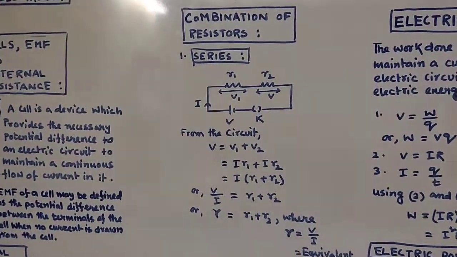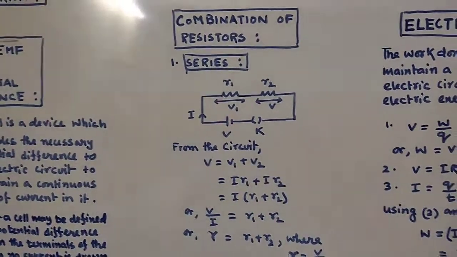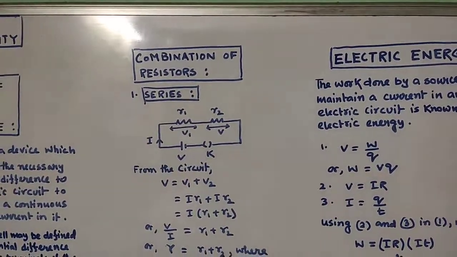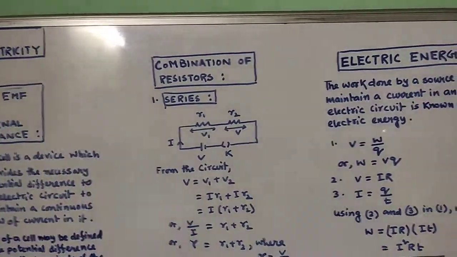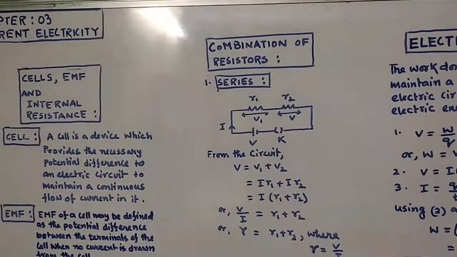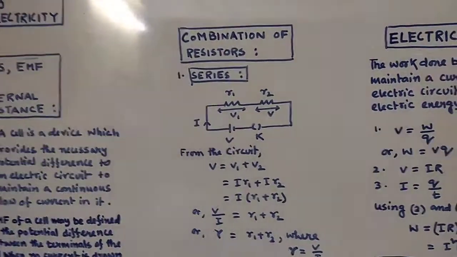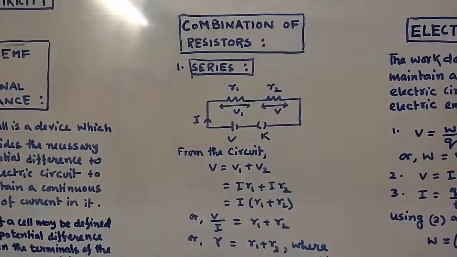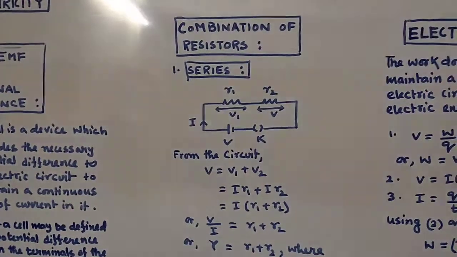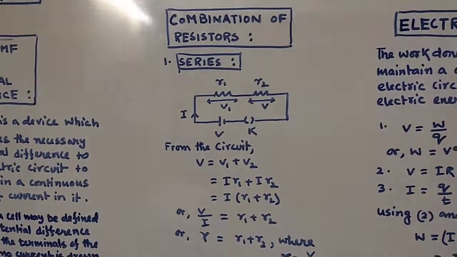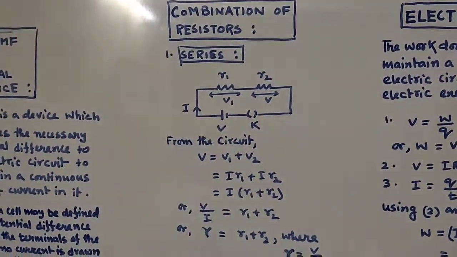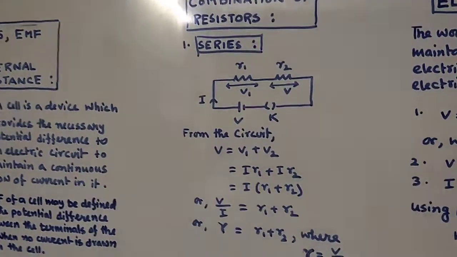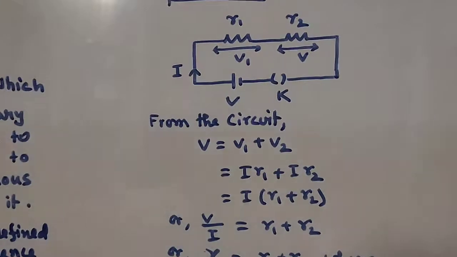So definitely as current is flowing through the resistors R1 and R2, you will get potential across R1 and R2. So the total potential is nothing but the sum of the potentials of the resistors. As we have connected two resistors here, V equal to V1 plus V2.